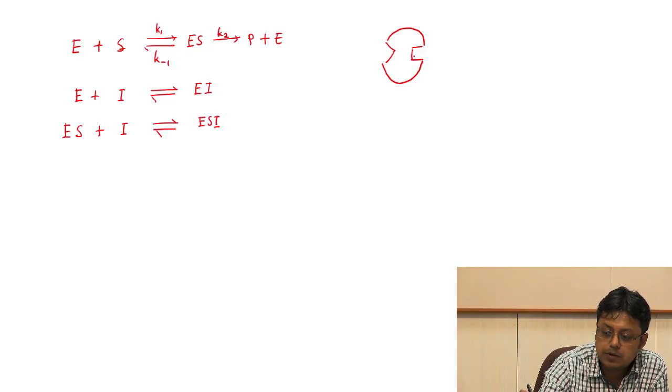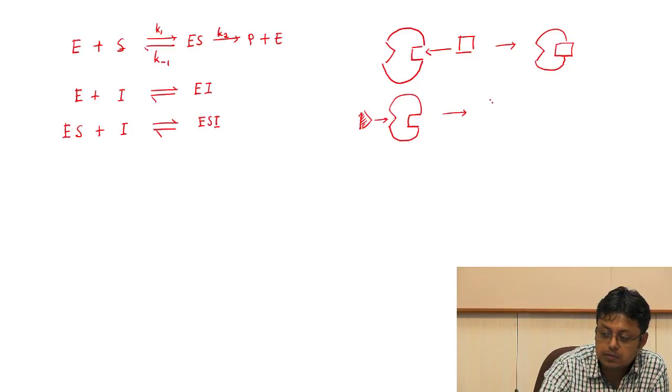A substrate can bind to it, which is fine, and this will give my enzyme substrate complex, which is something like this, and the inhibitor can bind here on this other pocket. If I draw it again, suppose this is the shape of the inhibitor, which can now bind here to give the enzyme inhibitor complex.